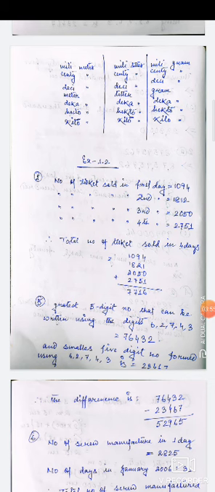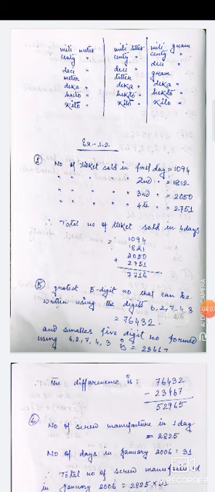So we have to recall just milli, centi, deci, meter, deca, hecto, kilo, or milli, centi, deci, liter, deca, hecto, kilo, or milli, centi, deci, gram, deca, hecto, kilo.